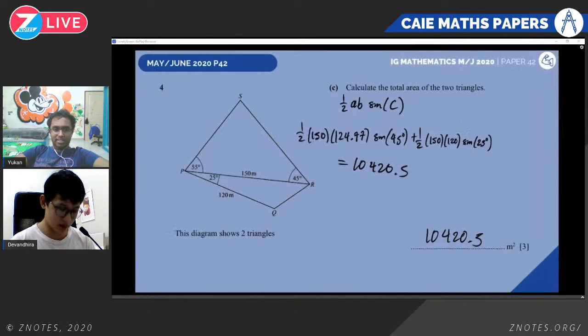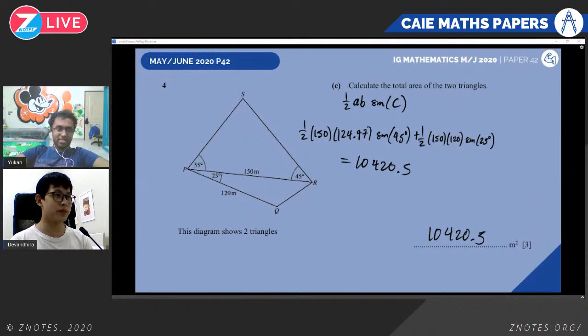Again, here, three significant figures. So they accept 10400. They don't accept 10420, but they accept 10410.